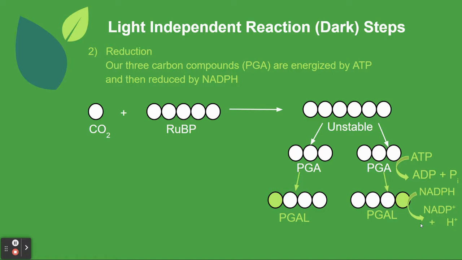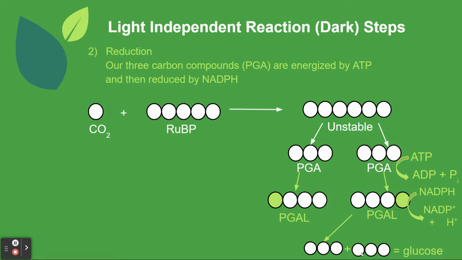The reason we call it the reduction phase is because we're stealing energy from the bond between phosphorus and hydrogen here. We're stealing the energy in the electron, adding it over here. So we reduced PGA, because reduced means gain of electrons. We gained an electron and added on to this. Now this PGAL will go off and form a bond with another PGAL, which will eventually make glucose.